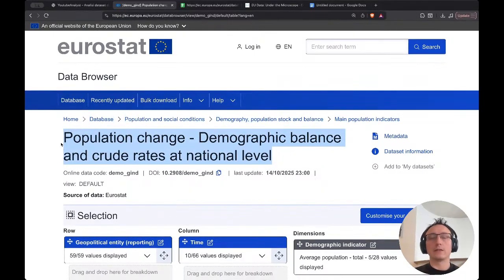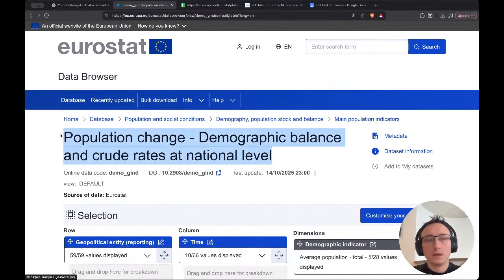So trying to analyze how European demographic is moving or has moved in the last few years. And after a few researches, I found this dataset being the ideal entry point. I found this dataset because other people online shared this.